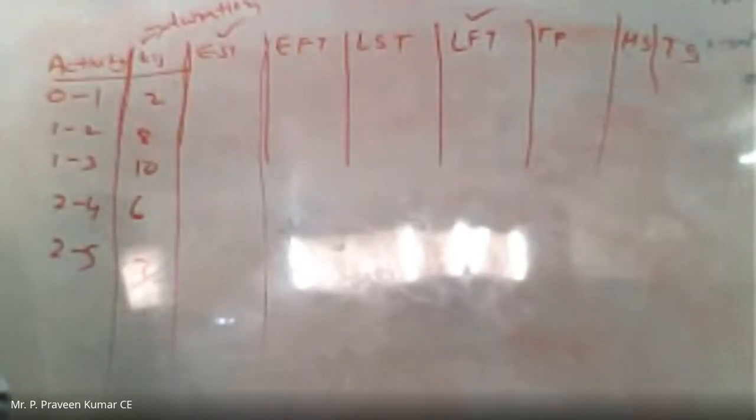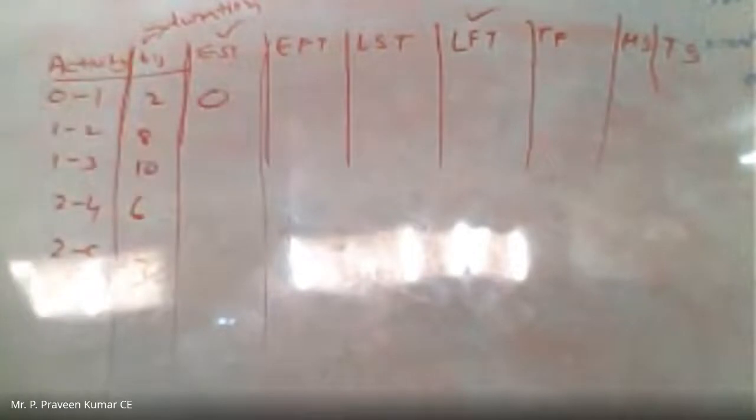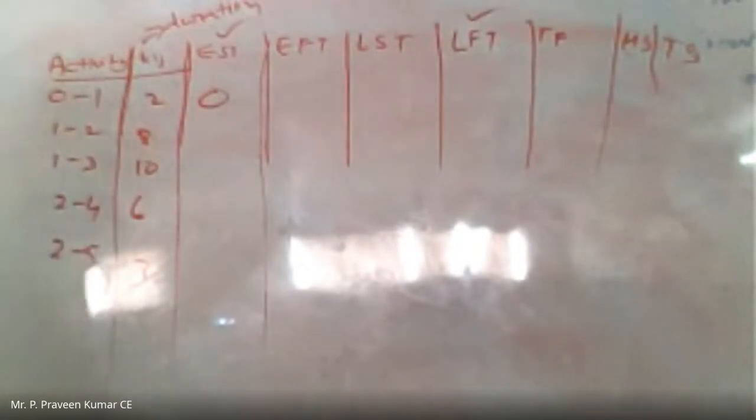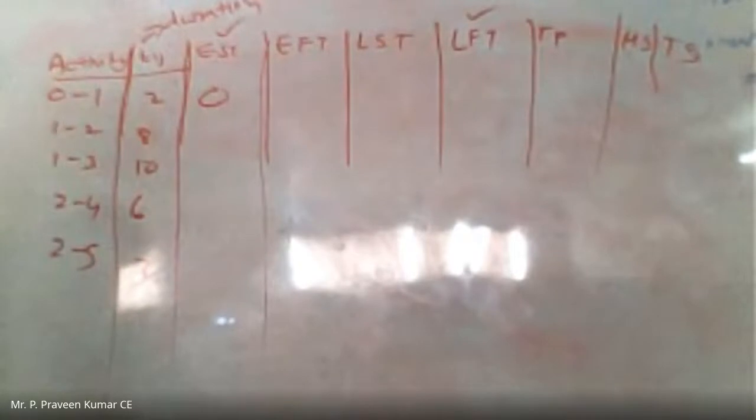That is, 0 is the EST of 0 to 1, so that's why I have written 0 here. Next, in the network diagram, the first number we see at the tail event becomes the EST value. Here the EST values are 0, 2, 2, 10, 10.